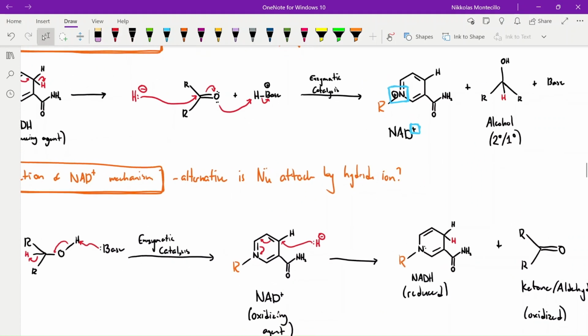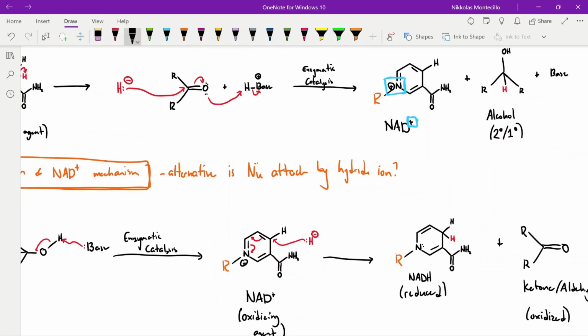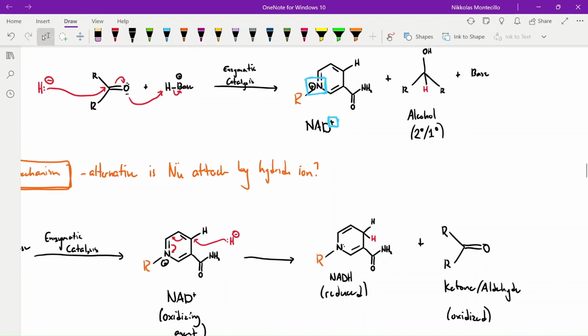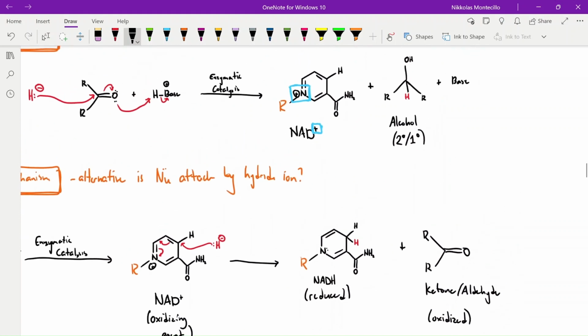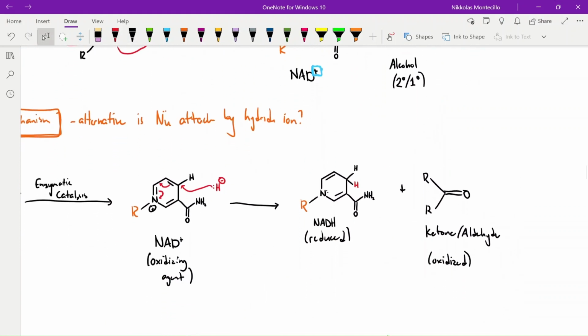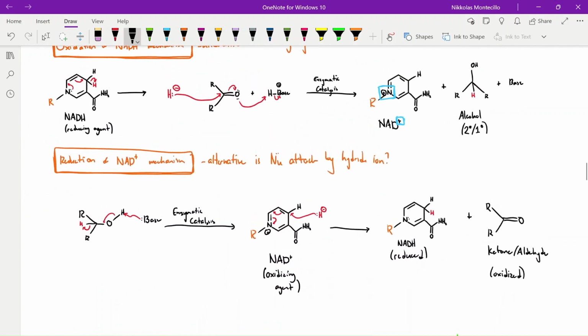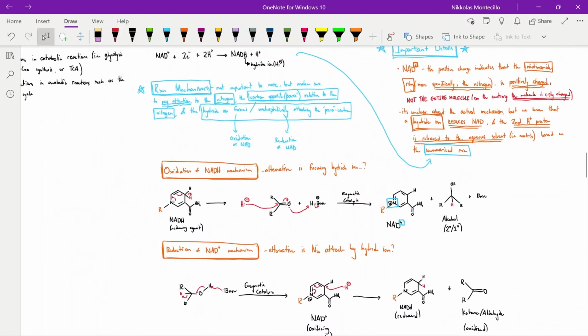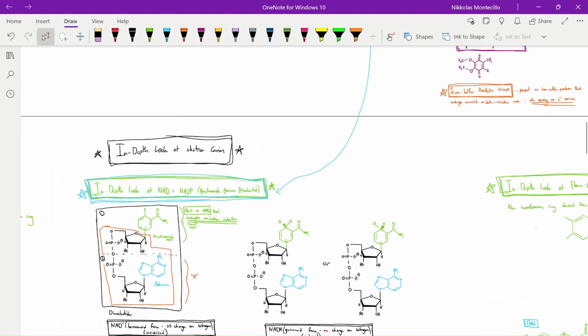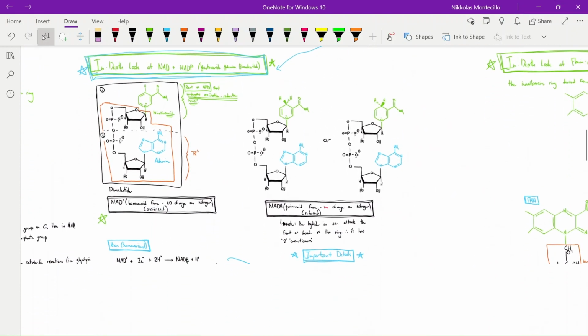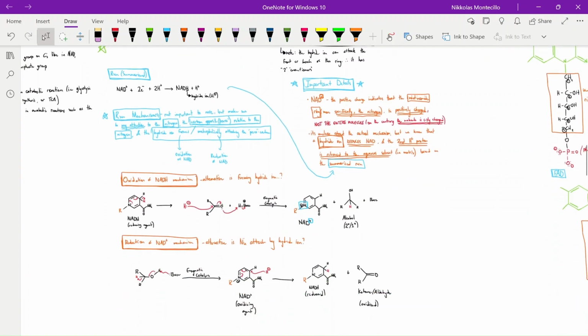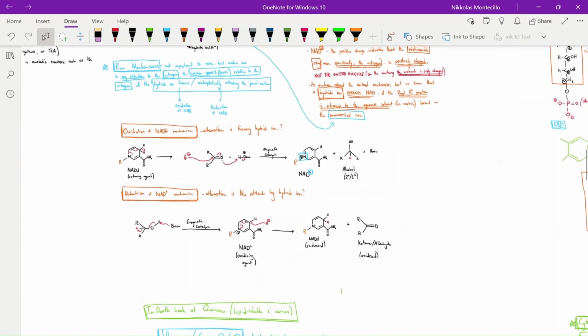Oh, I messed up. This is not correct. There we go. There should have been a positive charge here, right? And then we find that the ketone or aldehyde that was formerly an alcohol was oxidized, with NADH being reduced. Okay? So that's essentially the entire process of how NAD and NADP work at the molecular level.